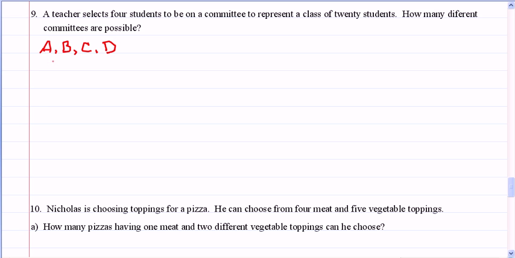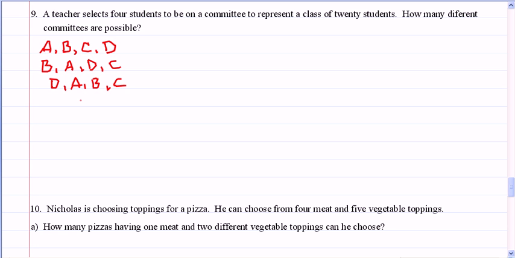I can choose them in the order A, B, C, D, or I could choose them in the order B, A, D, C, or I could choose them in the order of D, A, B, C. Whichever order I choose them in, I have the same committee.